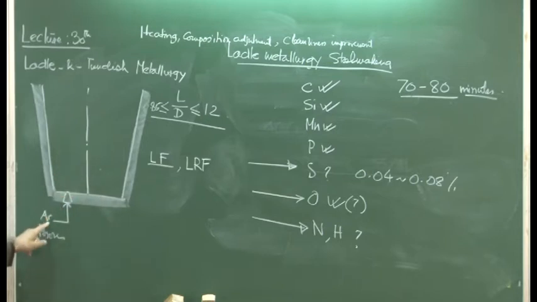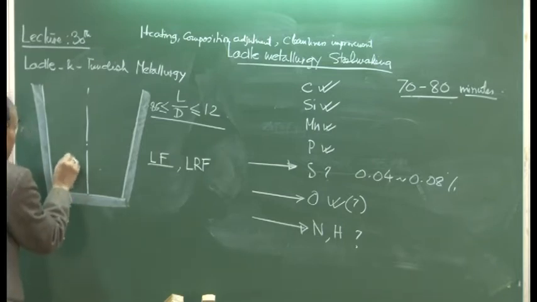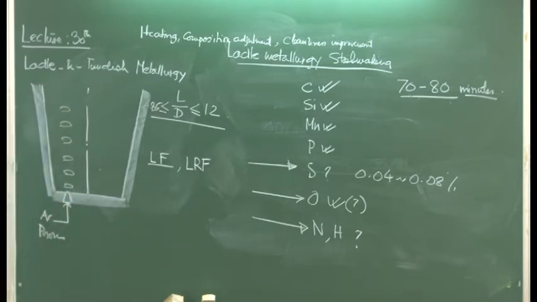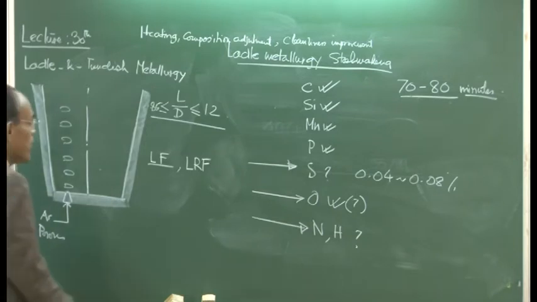So, argon is an inert gas, and as the gas bubbles rise from here, it is a very small gas flow rate that one uses. And what would be the flow rate of argon?